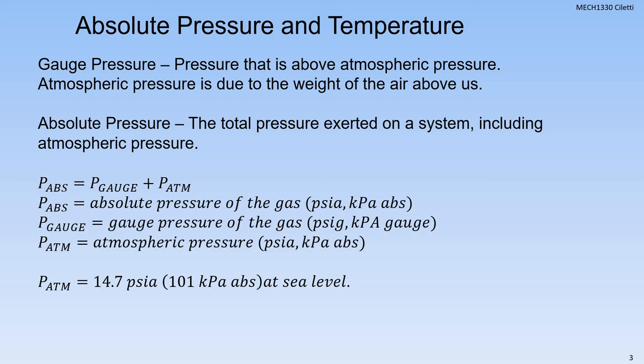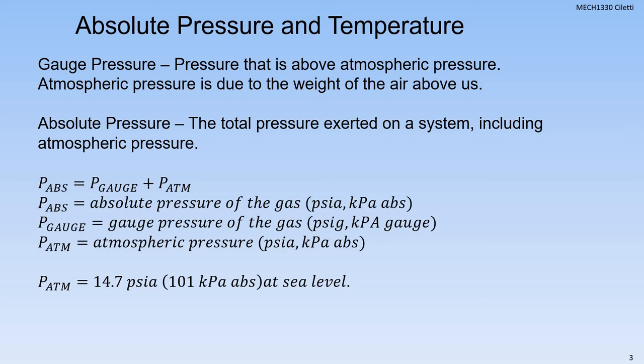Okay? Now that we know that, absolute pressure, that's the total pressure exerted on a system. So the pressure that's in the system plus the atmospheric pressure that is above it. Okay, so the absolute pressure is the gauge pressure plus the normal pressure above us. So that's absolute: atmosphere plus gauge.